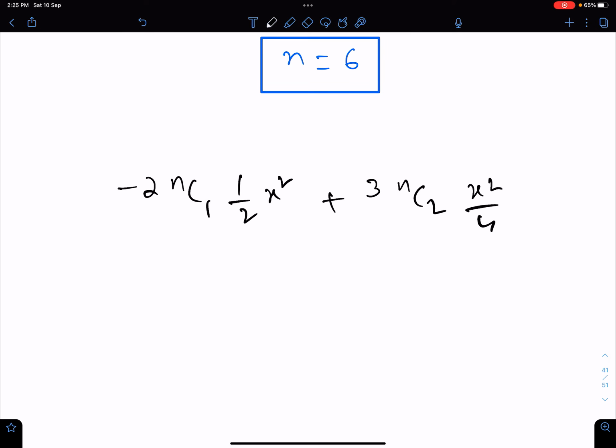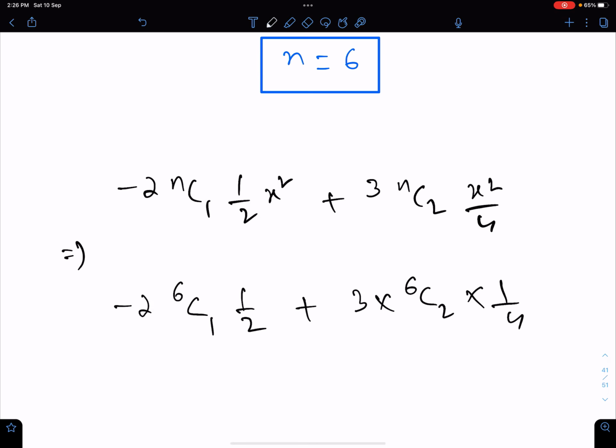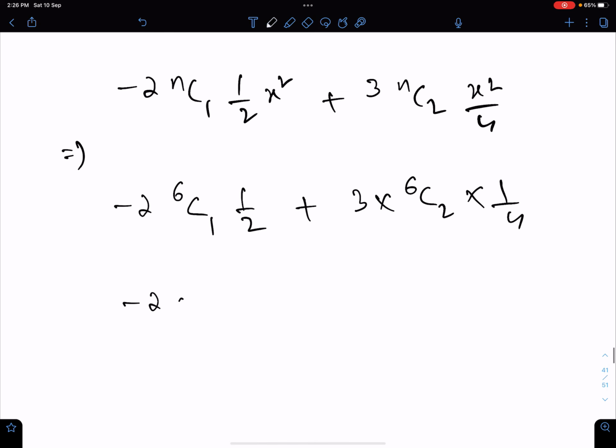Since we need the coefficient of x square, we just need to take coefficients with n as 6. 3, 6C2, 1 upon 4. So minus 2, 6C1 is 6. In fact, we can cancel these two 2's, this one and this one. So we have just negative 6C1, which is negative 6.